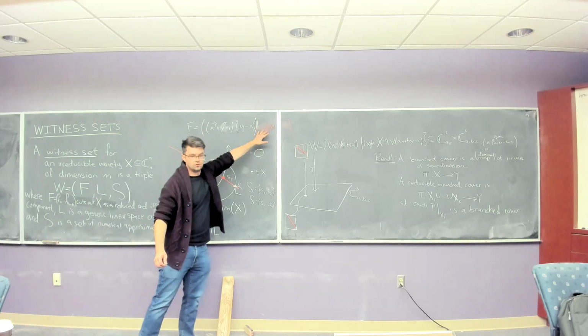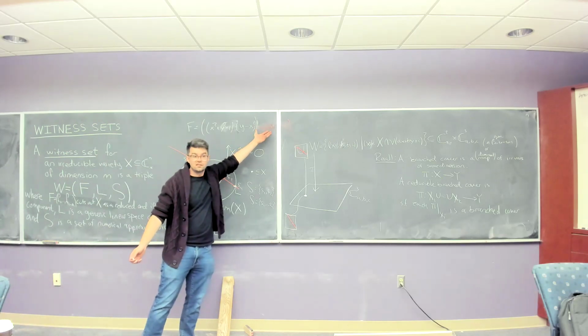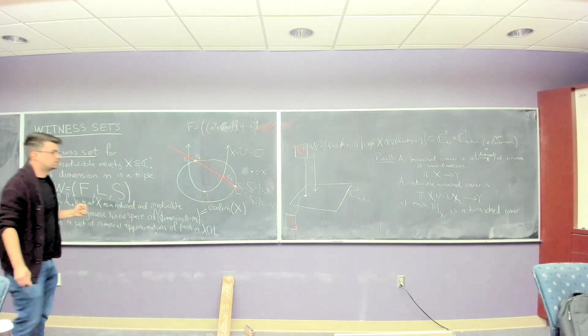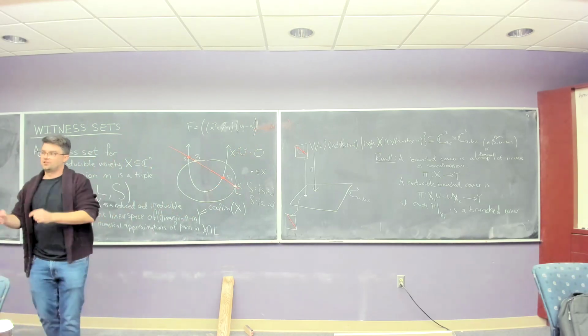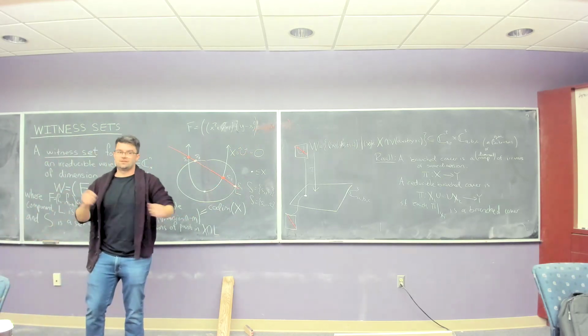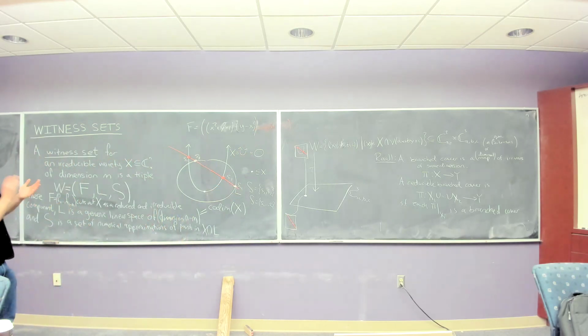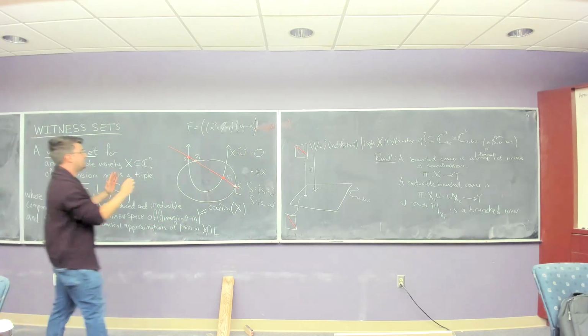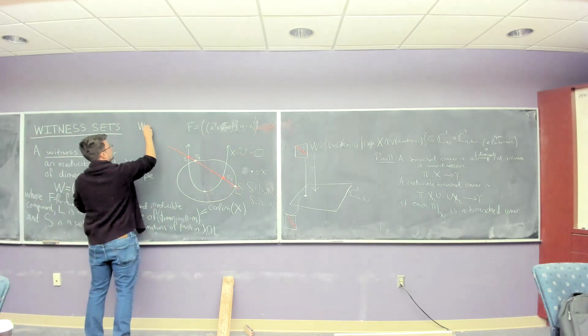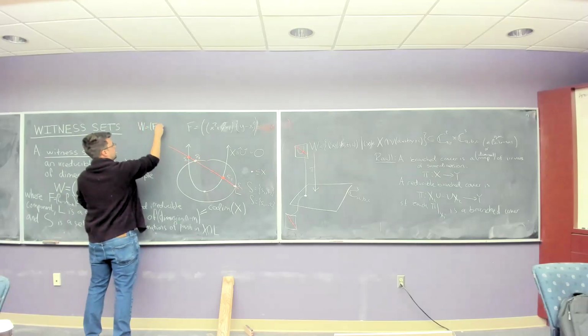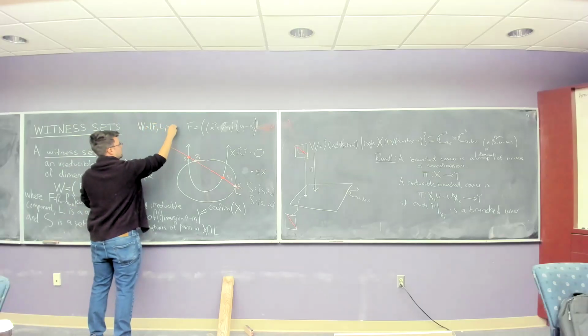Or if you'd like, you include linear forms with random coefficients. And that is the same thing as choosing an A and a B so that AX equals B. Awesome. So what I'm telling you is that a witness set for the parabola is W, F at L, S1, S2.